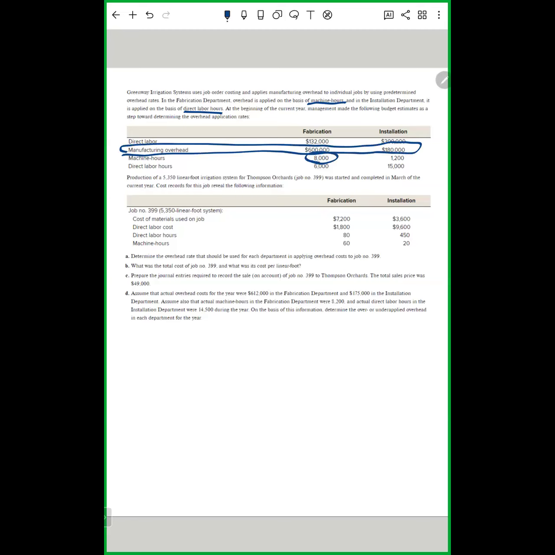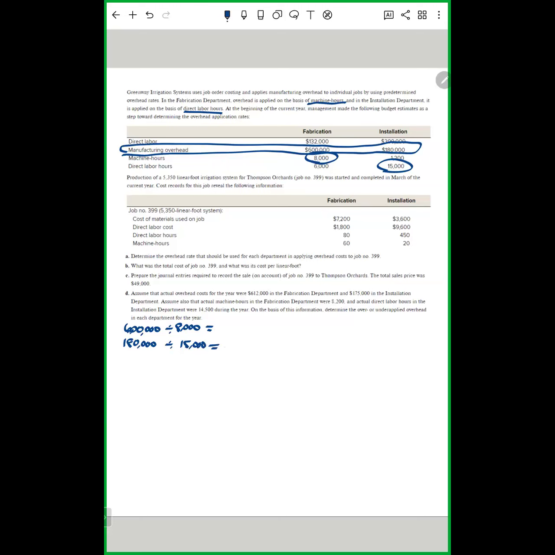And in the installation department, we use direct labor hours. So we'll write this out just like we have done in the past. We'll say the 600,000 divided by the 8,000 and then the 180,000 divided by the 15,000.